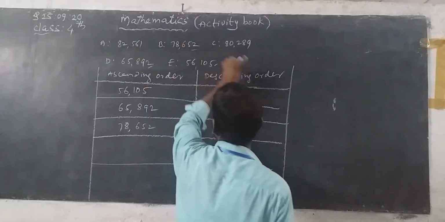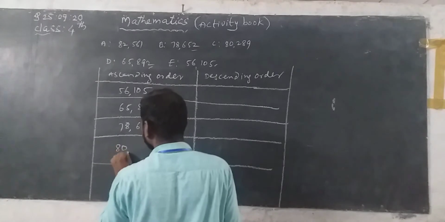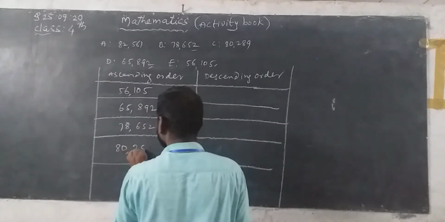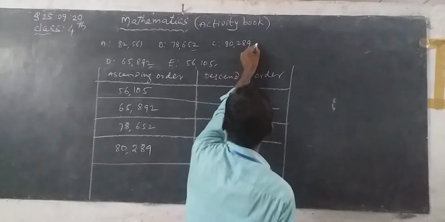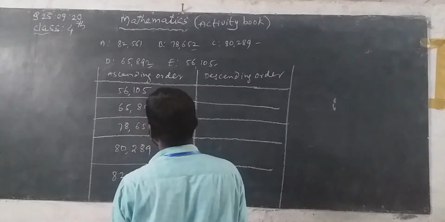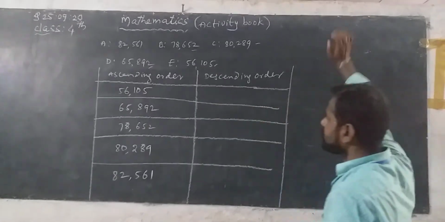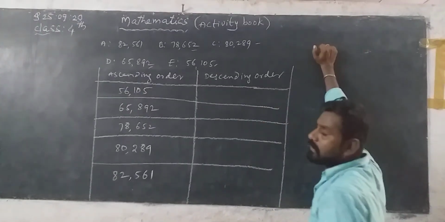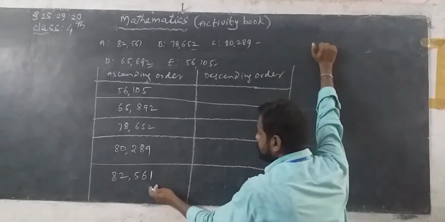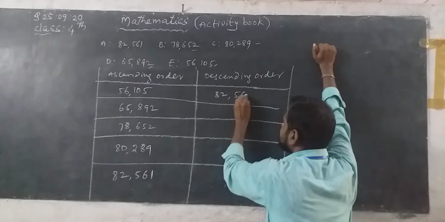Remaining 2 numbers, 82,000 and 80,000. Now next, 80,289. Now this is also completed. Remaining this, so the factory A, 82,561. Now next, descending order means arranging the numbers from largest to smallest. Largest number is 82,561.